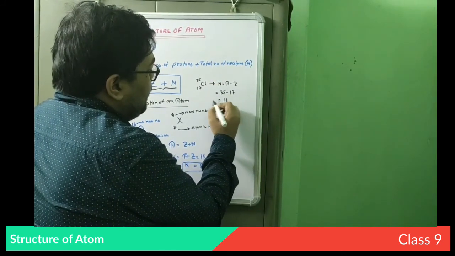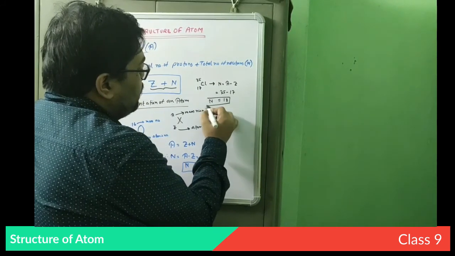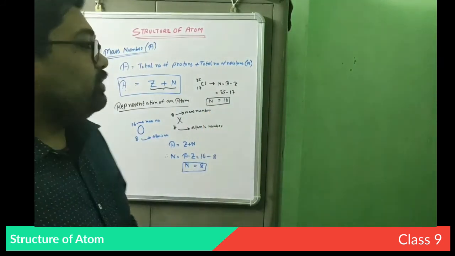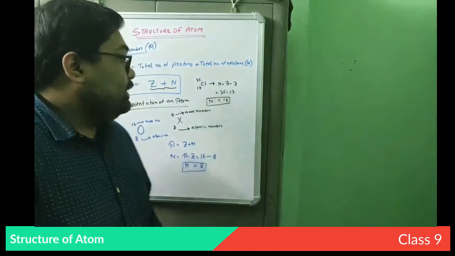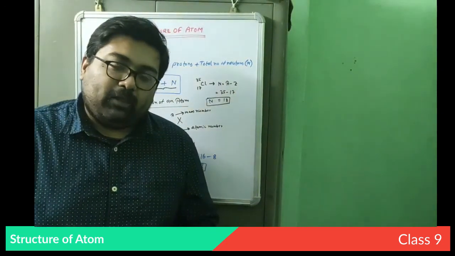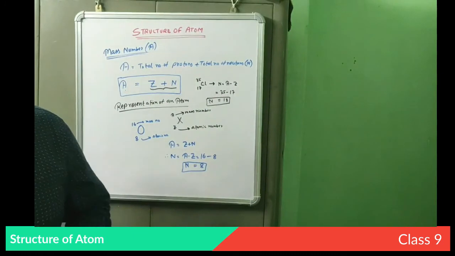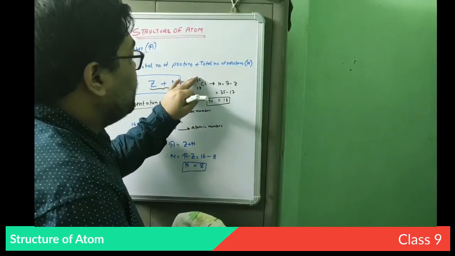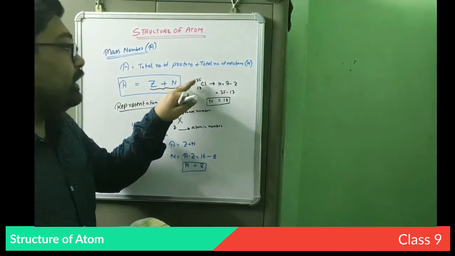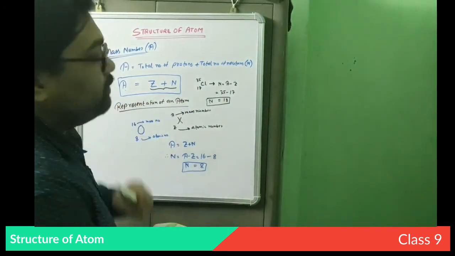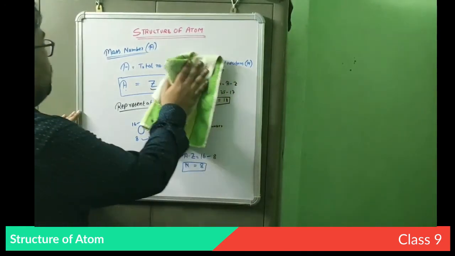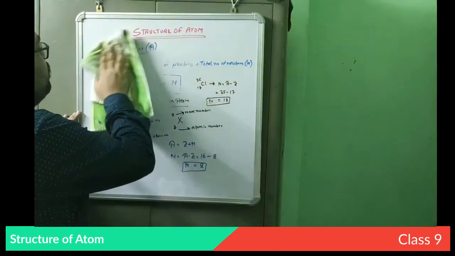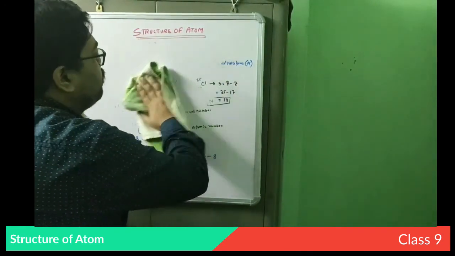So 18 will be the value of N. So in case of Cl 35,17, 18 neutrons are present. So in this way, we can determine the number of neutrons, or we can assign the atomic number and mass number of an element, right? So this was all about mass number and atomic number.